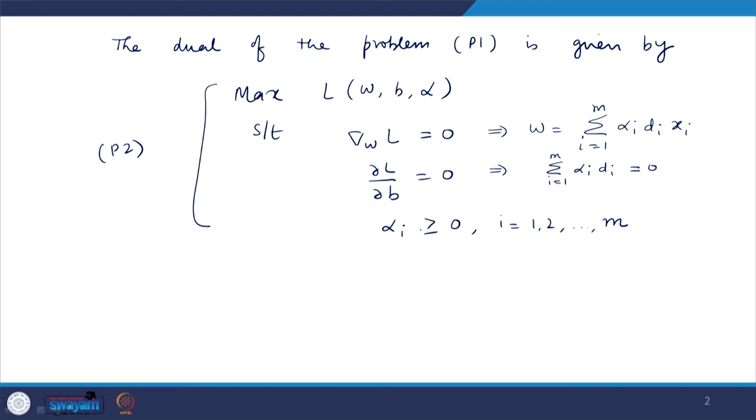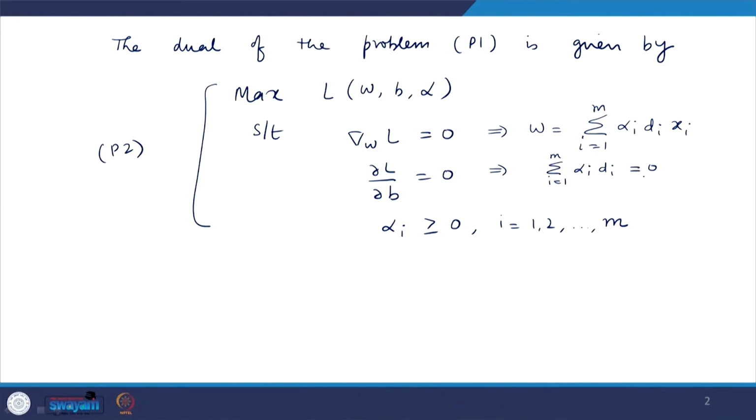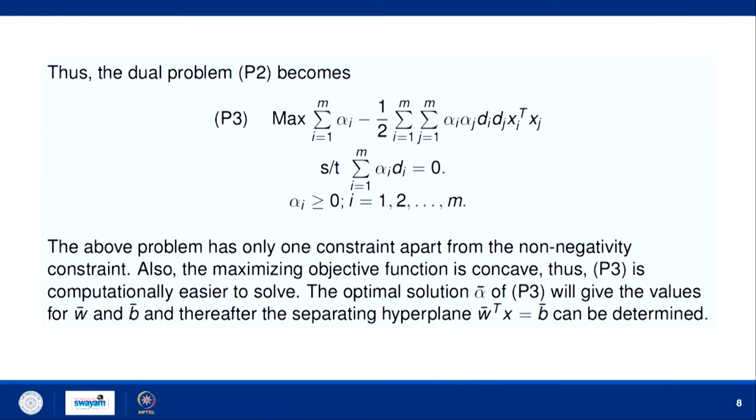If we leave out the non-negativity restriction, then instead of the m constraints of the primal quadratic programming problem, here we have only one constraint. That is the main important application of duality theory in support vector machines. Computationally, it saves so much time and, of course, memory also.